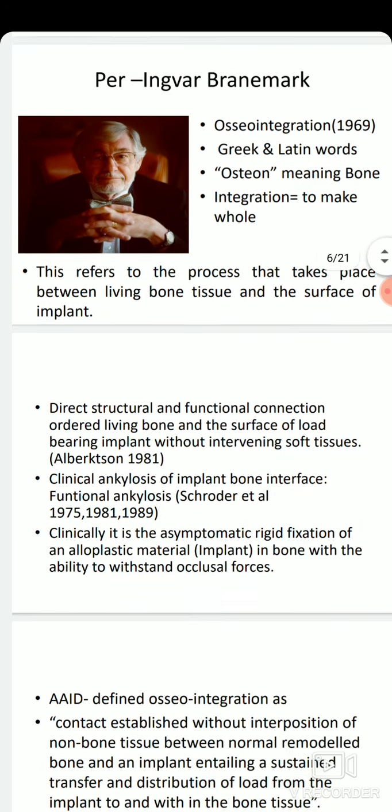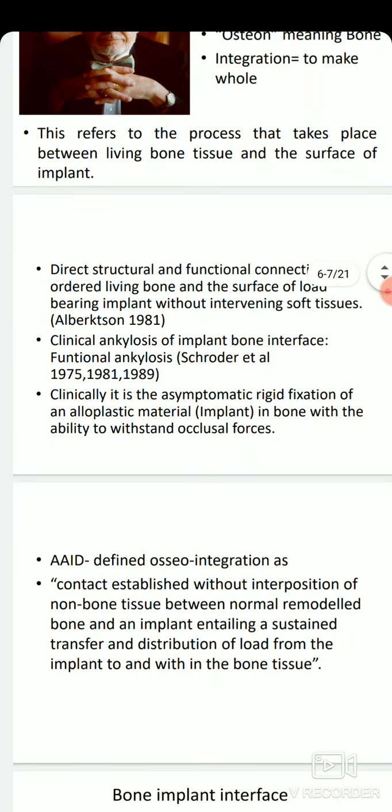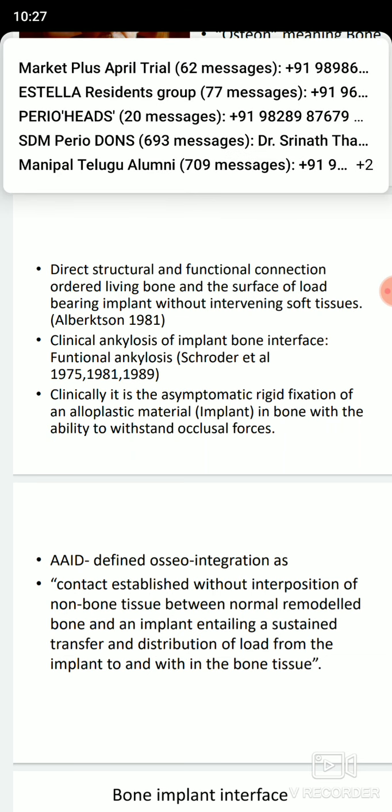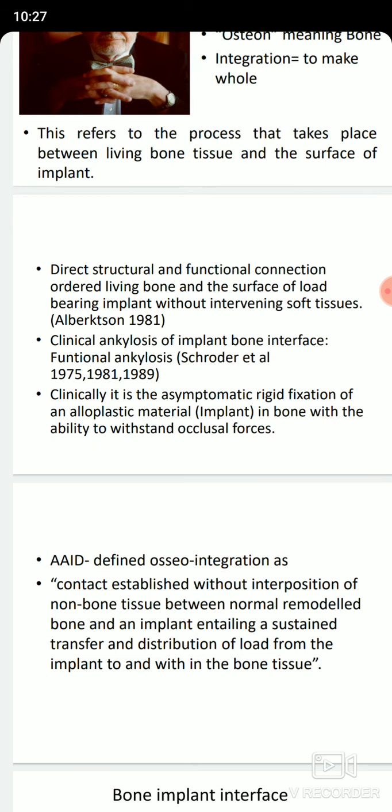This terminology was described in the literature by many authors, and important ones are Albrektsson in 1981, who describes it as a histologically direct structural and functional connection of ordered living bone and the surface of a load-bearing implant without intervening soft tissues.